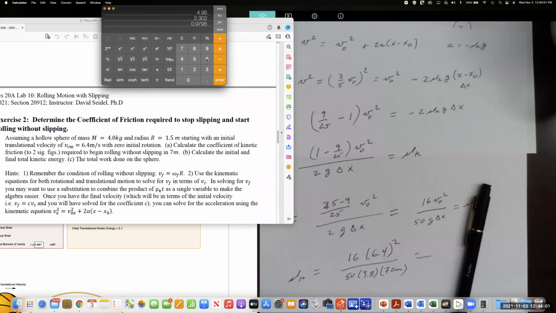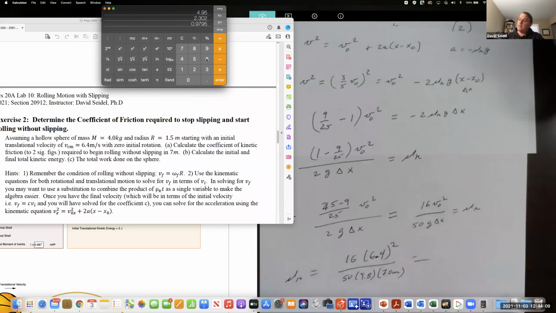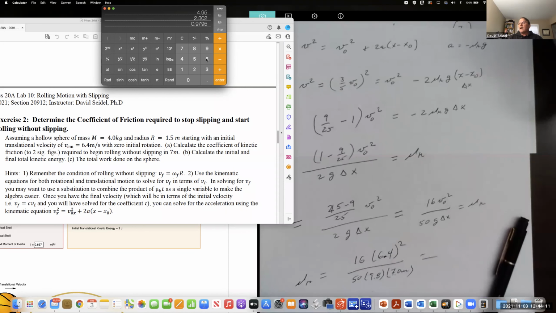Is that 6.4 squared times 16? Yes. So this is how you go about solving for the equation of sliding with slipping to find the slip distance.